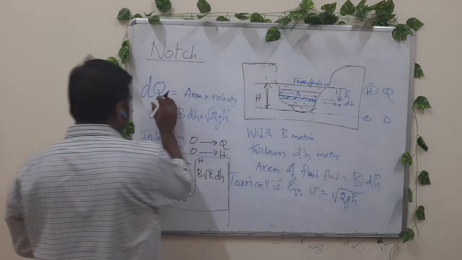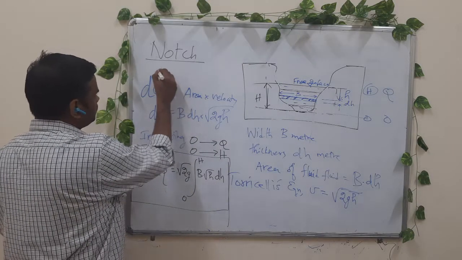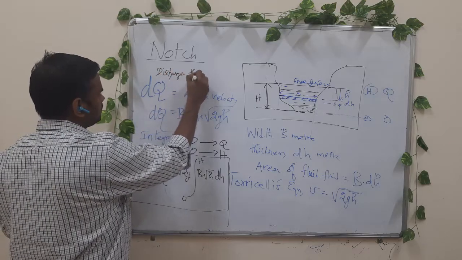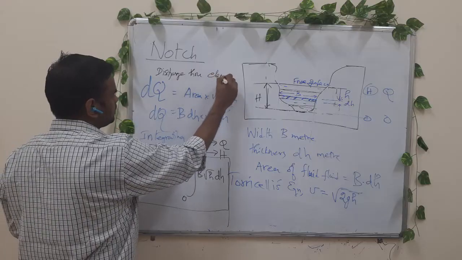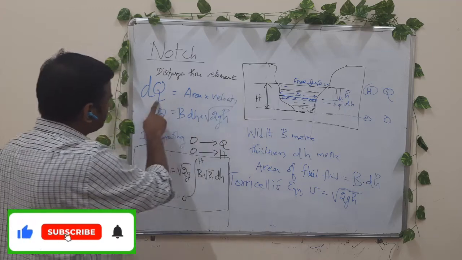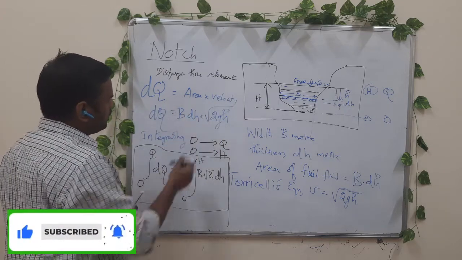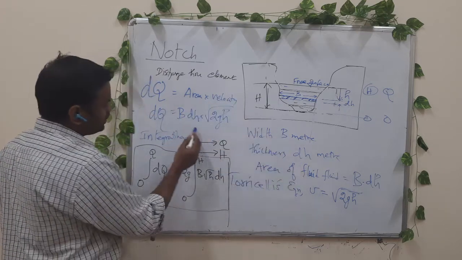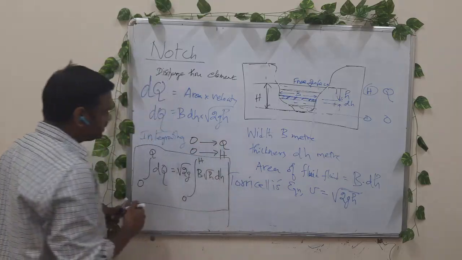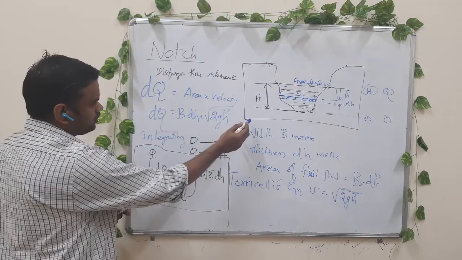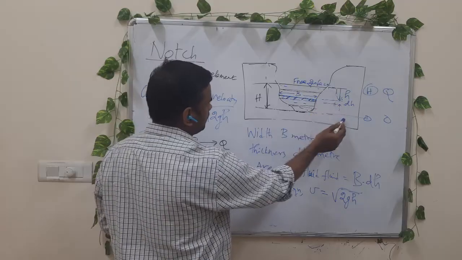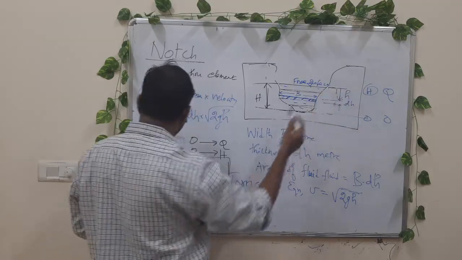The discharge through the considered element of thickness dh is dq equal to area into velocity, and integrating from 0 to q and 0 to h, the volumetric flow rate varies from 0 to q.